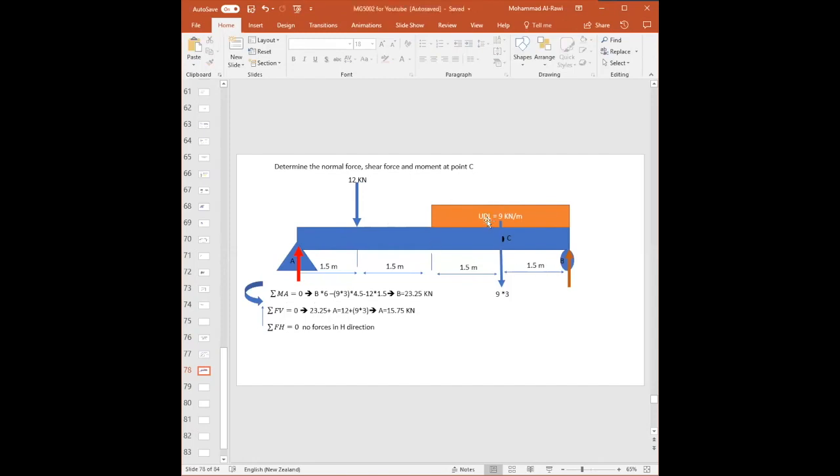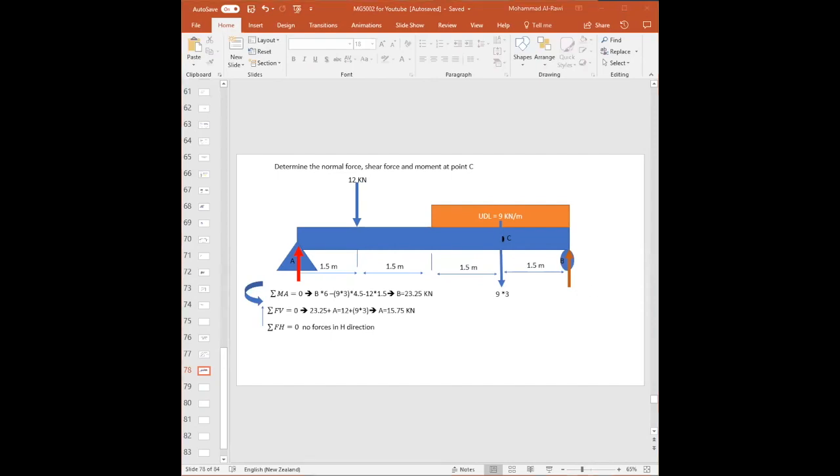I multiplied the UDL value times the distance. Then I used the moment about point A, and then the summation of forces in the vertical direction. This helps me find the values for A and B.